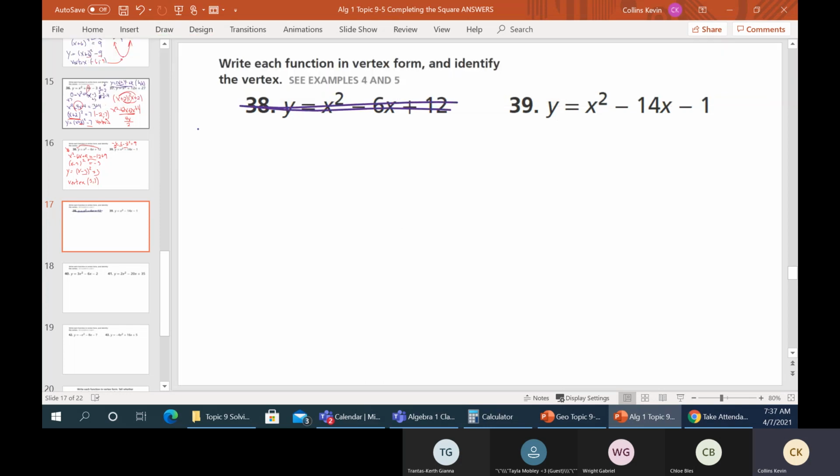So we're working on this one. So same thing, we're going to move the -1 to the other side, so he'll be +1. So we're going to have x squared minus 14x, and that's going to equal just +1.